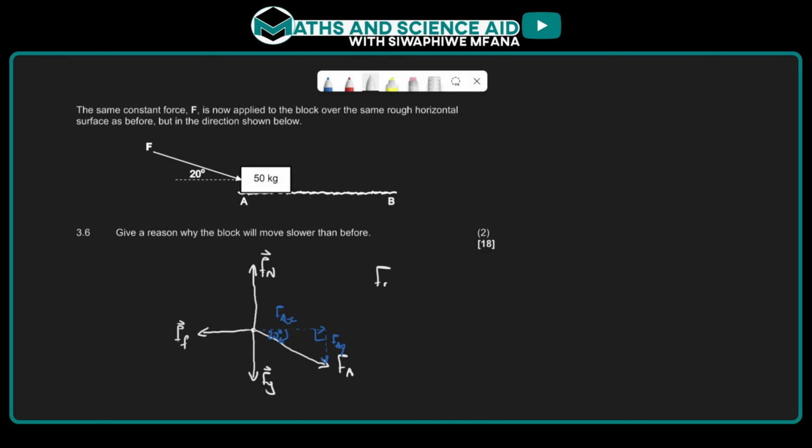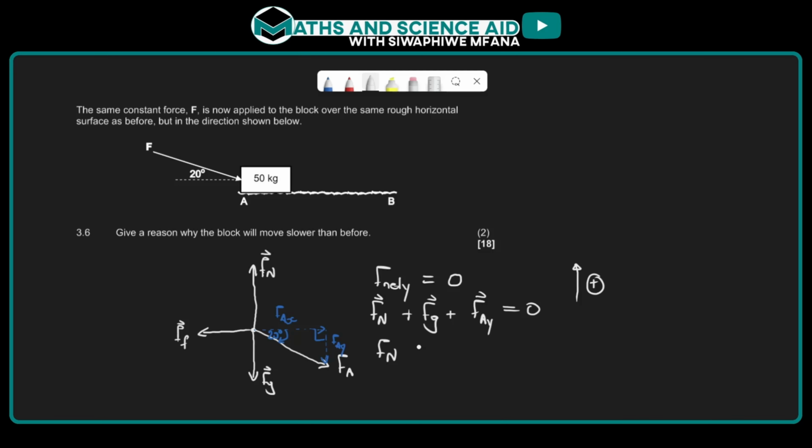Okay, and now in the y direction we can show the forces as follows. Even here, the net force in the y should be equal to 0 because there's no movement in that direction. And this net force is going to be given by the normal force plus Fg plus the vertical component of the applied force. And now let us choose the upwards direction to be the positive direction. And this means that we are going to have a positive Fn.